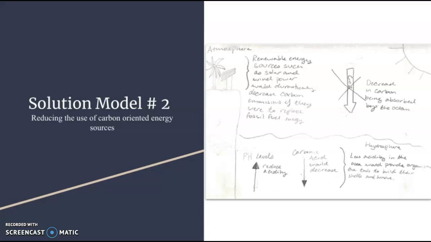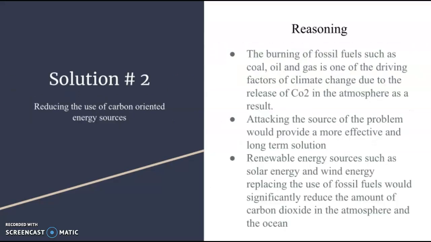So if we were to completely replace fossil fuels with renewable energy sources, it would overall cause a decrease in all these issues. So the burning of fossil fuels, such as coal, oil, and gas, are some of the driving factors of climate change due to the release of CO2 emissions in the atmosphere.